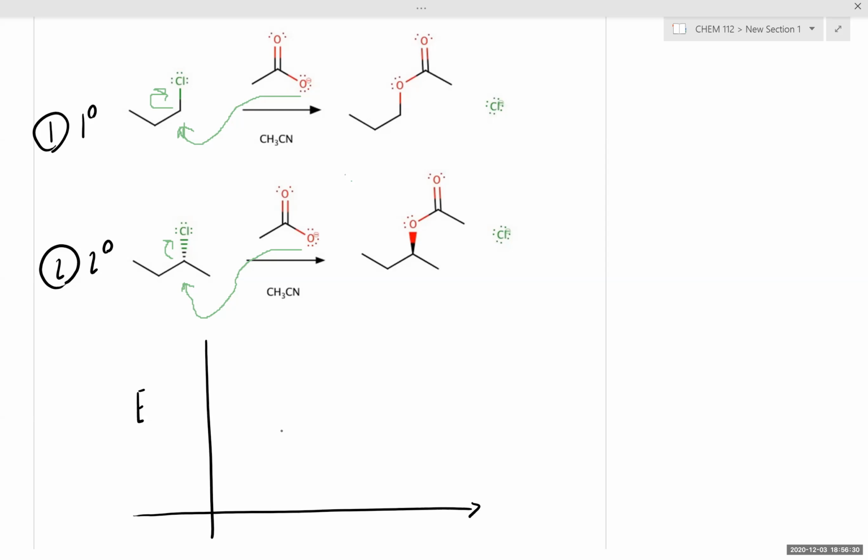So just draw the two transition states and identify which one would be higher or lower in energy. Okay, and what about pathway 1?